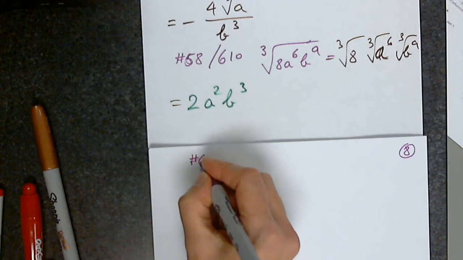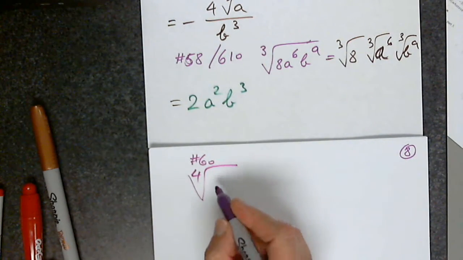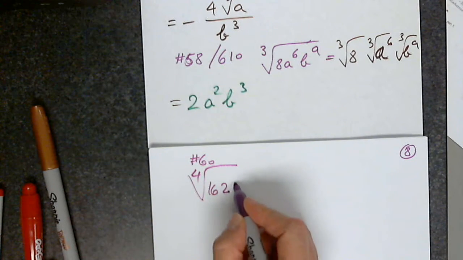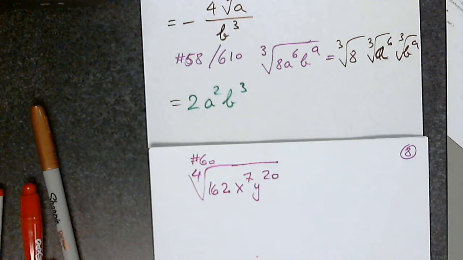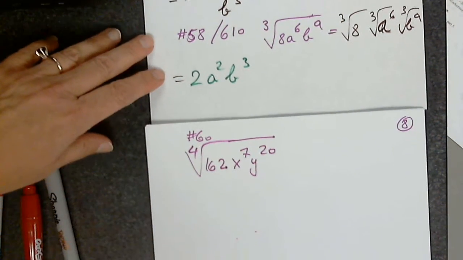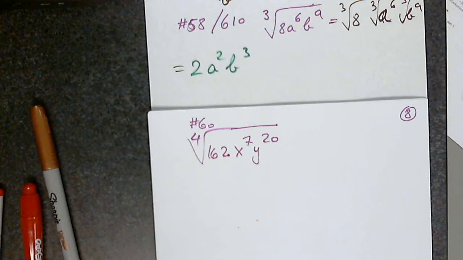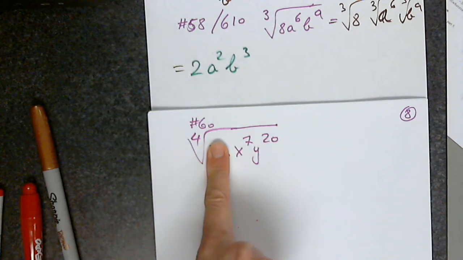So problem 60. Okay, let's take a look. The fourth root of 162 x to the 7th y to the 20th. Okay. Before we look at the number, I will have a claim.